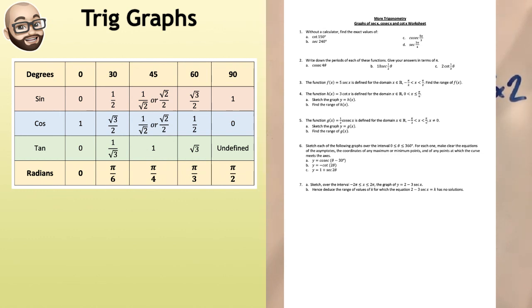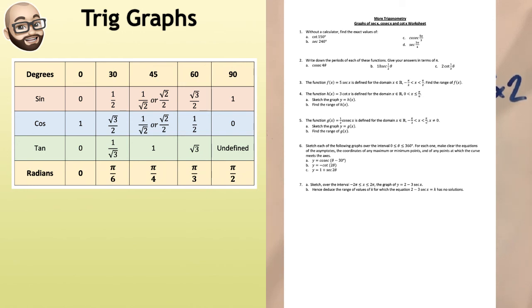So we've got a 5 sec x graph. Could you find the range for that? Question 4 is about 3 cot x. So these are the stretches in the y direction. If you can't think of what it looks like, use Desmos. Question 5 is a half of Cosec. Again, not too tricky.